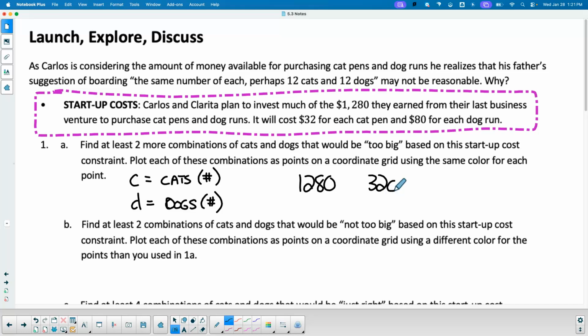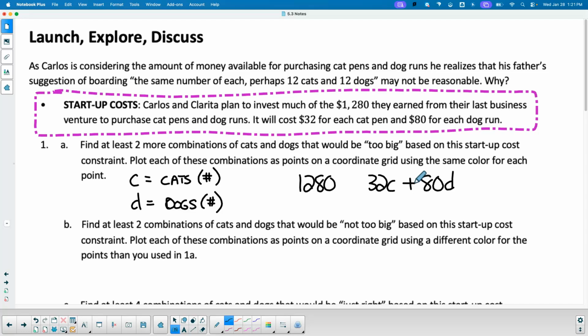It's going to cost $80 for each dog. How would I write that in there? 80D. What am I going to do with 32C and 80D? I'm going to add them together. Okay? So now we got 2 sides, right? Which side has to be bigger?